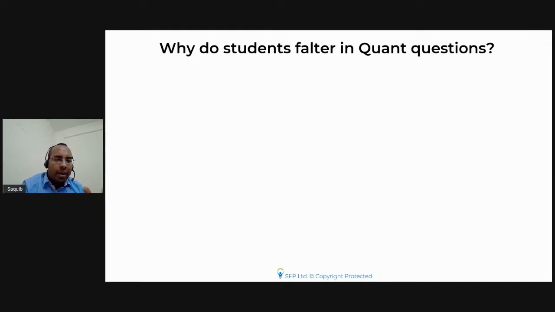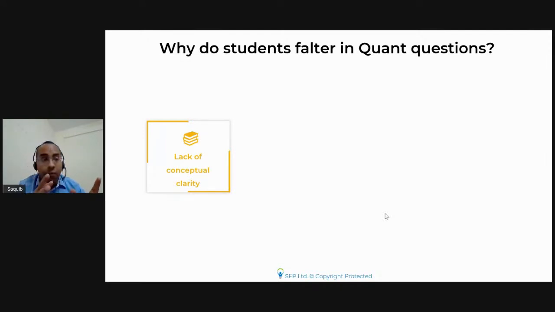I want to summarize this. All the things that you're saying are absolutely correct. I want to summarize all these things into 3 main points. There are other reasons, obviously, but this is what I feel is the reason students falter in the exam. The first and foremost reason, and again, this might seem very obvious, is the lack of conceptual clarity.